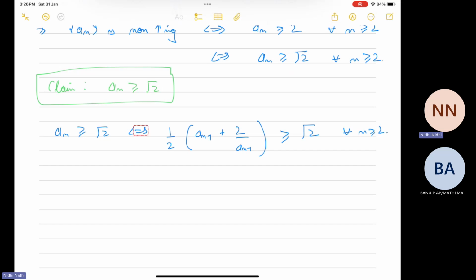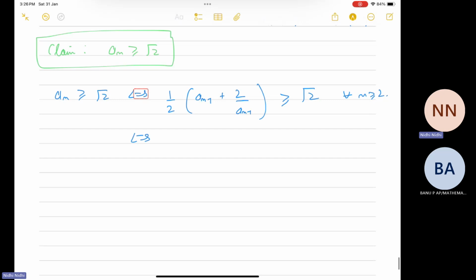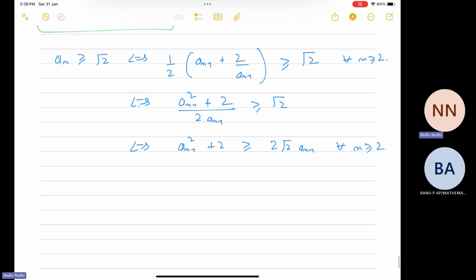Now this will happen if and only if, taking the LCM and all, you'll get (an minus 1 square plus 2) upon 2 an minus 1 is greater than equal to root 2. Now since again all the terms of the sequence are positive, I can just multiply both sides with 2 an minus 1. So this will be an minus 1 square plus 2 greater than equal to 2 root 2 an minus 1, and this is happening for all n greater than equal to 2.